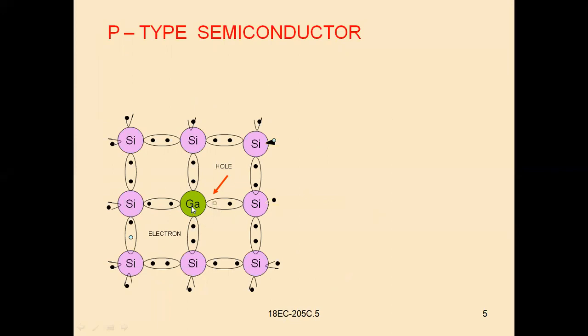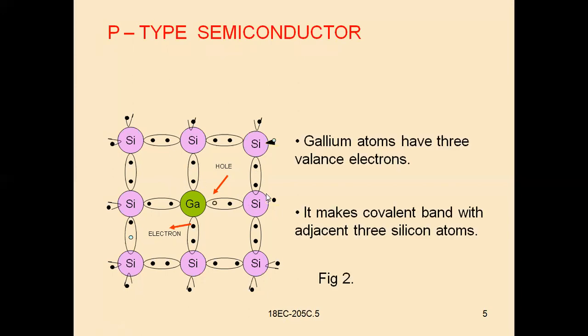Like that, we are going to have many holes in the formation of this P-type semiconductor. In P-type semiconductor, we are going to have holes as majority charge carriers, whereas electrons are minority charge carriers.